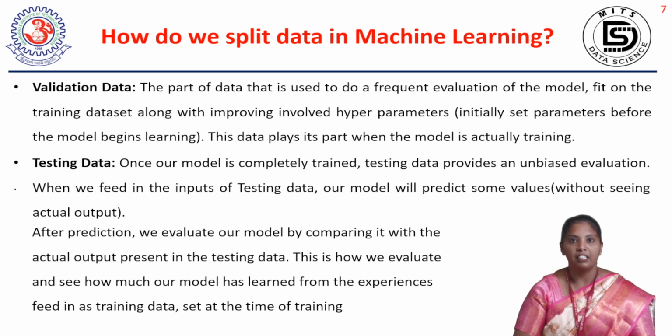When we feed in the inputs of testing data, our model will predict some values without seeing the actual output. After prediction, we evaluate our model by comparing it with the actual output present in the testing data. Then we see how much our model has learned from the experiences fed in as the training data set at the time of training.